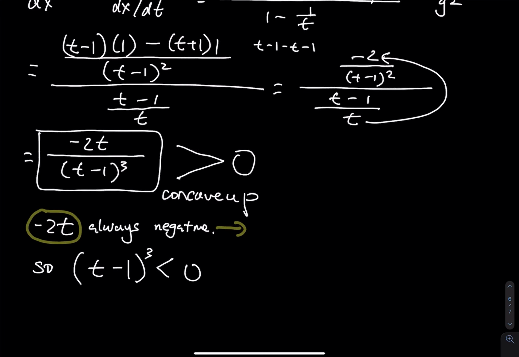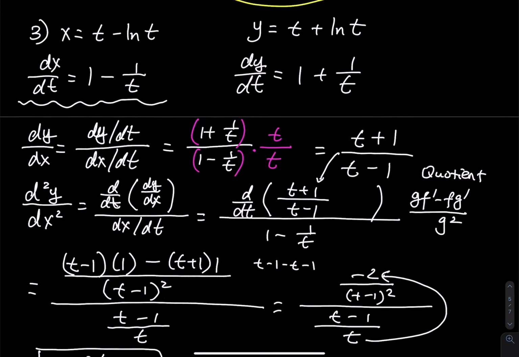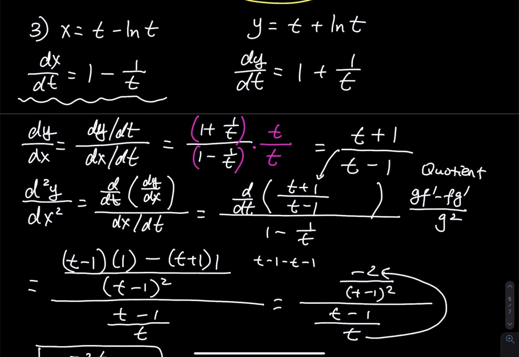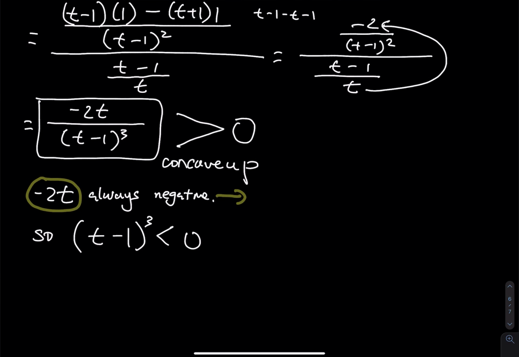So we have the denominator less than 0, but if you go back to the parametric equation, we have an ln(t), right? So there is a quotient for the exponential function. So this is the graph of the exponential function. For ln(t), we want t to be greater than 0.